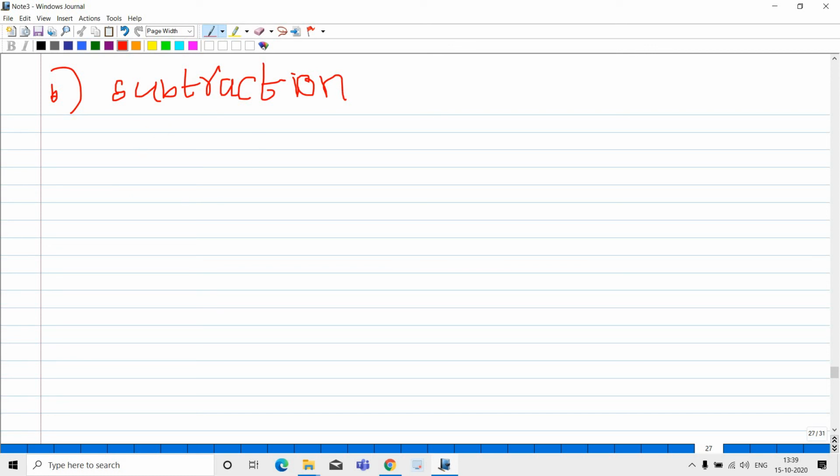I am writing, 10 less than y. 10 less than y means here y is the greater number, means a bigger number compared to 10. So that time we will write y minus 10.